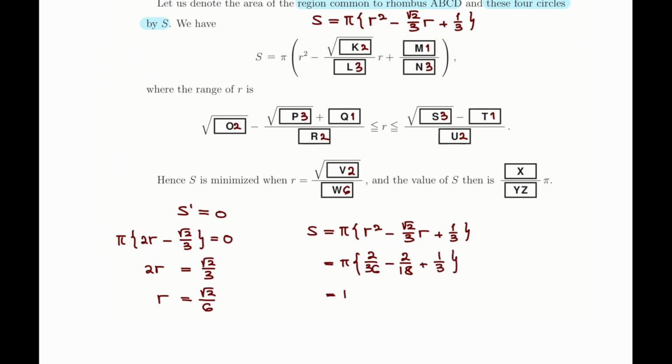I can change the denominator to 36. Then I will get 12 over 36 here. 12 minus 2 is 10 over 36 pi. And if you divide it by 2, you will get 5 over 18 pi. This is for x, y, and z.